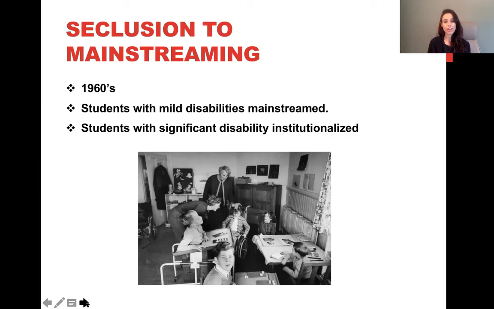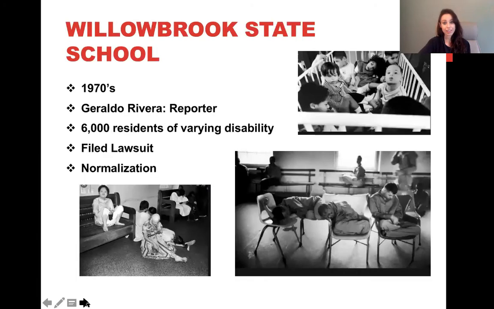It was still very secluded, but within the general classroom population and setting. So mild disabilities entered into the school system. Those with significant disabilities were still institutionalized and they were still separated. So at this point, that's what leads us to our next point.